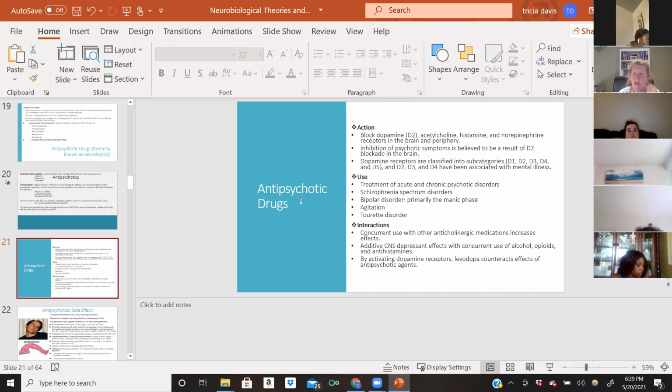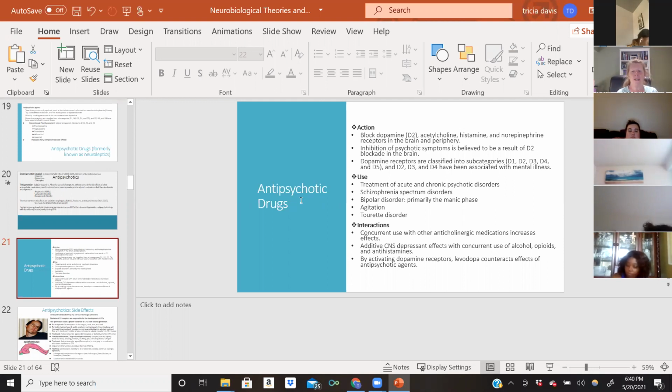Dopamine receptors, we said, are classified into different subcategories, D1 through D5, and it has been identified through research that D2, D3, and D4 have been associated with mental illness. We use them for acute and chronic psychotic disorders, schizophrenia spectrum disorders, bipolar, primarily the manic phase, agitation, and Tourette disorder.